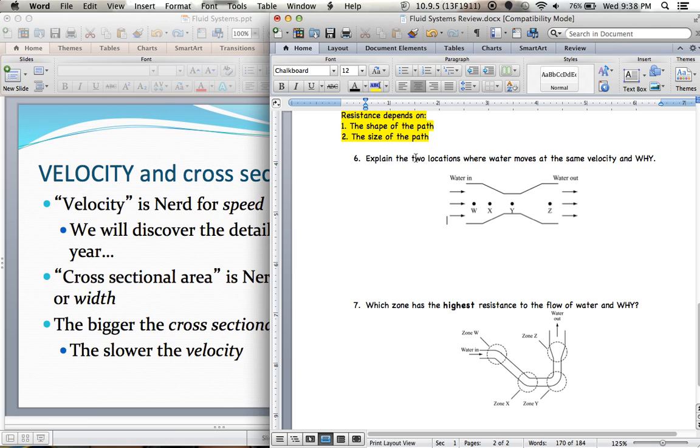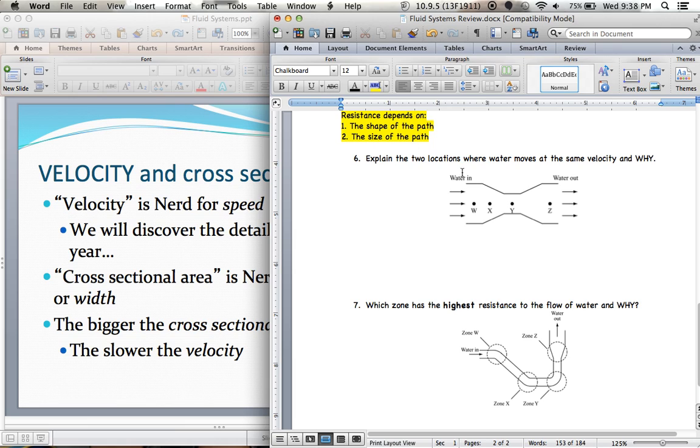Number 6 is asking us, there are two locations where the water moves with the same velocity. So, we also have the why in there. We want to make sure we can answer why. Again, the bigger the cross-sectional area, the slower the velocity. If we have the same velocity, that means that we must have the same size, okay?